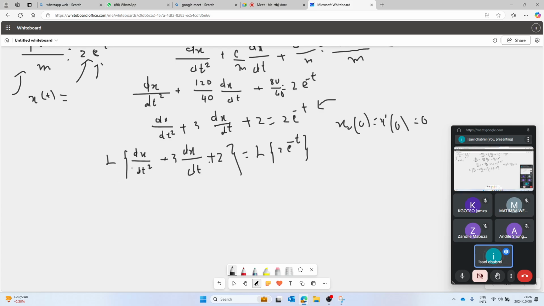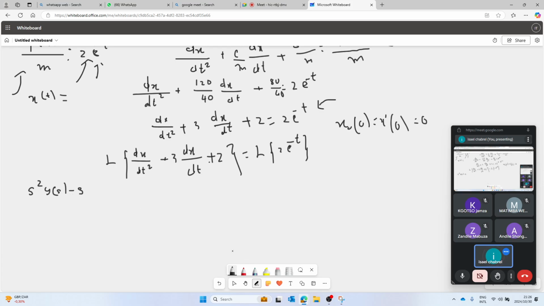If it is d²x/dt², this is how it shows. It says you have s squared. I'm just reading the formula, taking it from my maths book. Y of s... no, why am I saying y of s?